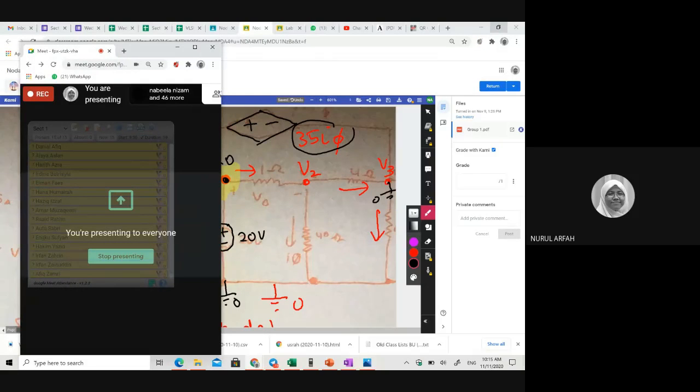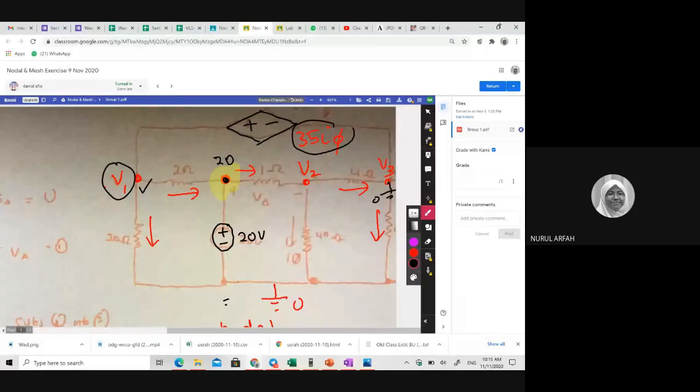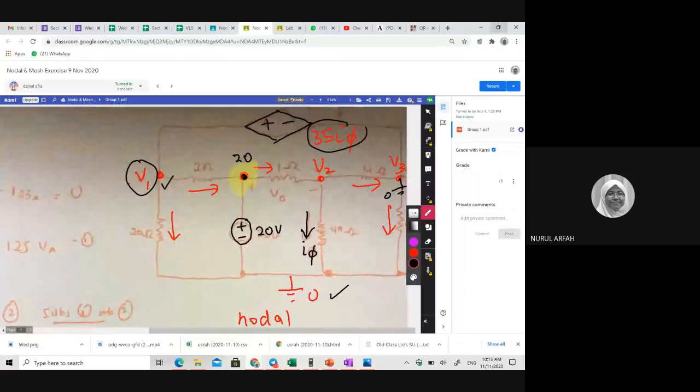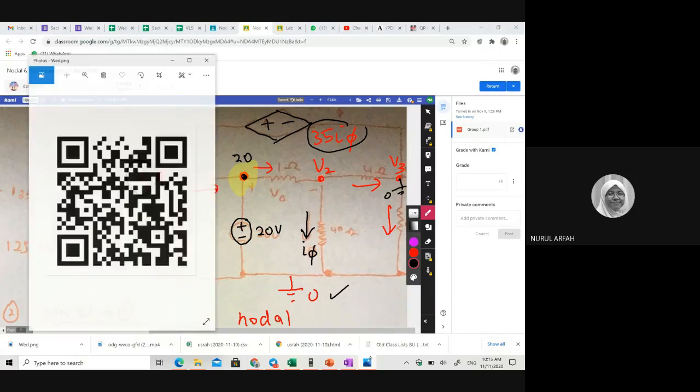Okay, next. Since you have a reference point down here, okay, this is correct. And then you put I5 over here. Then you can check, do you have your super node or not? If you don't understand what Daniel drew here, what should you do?